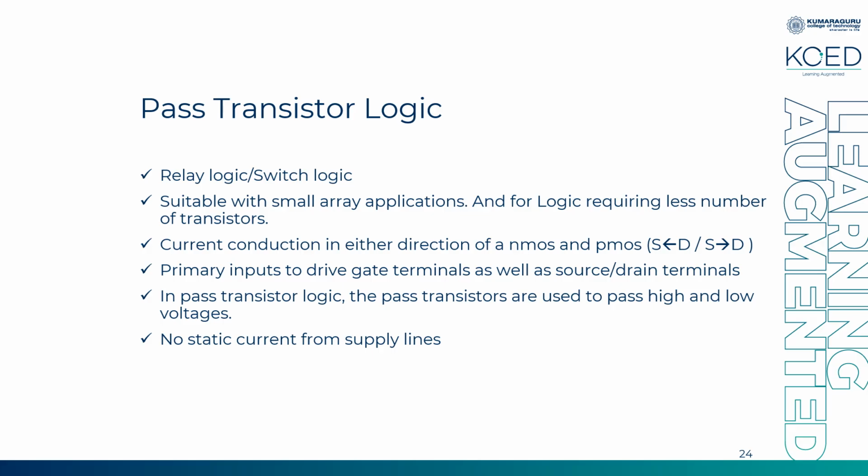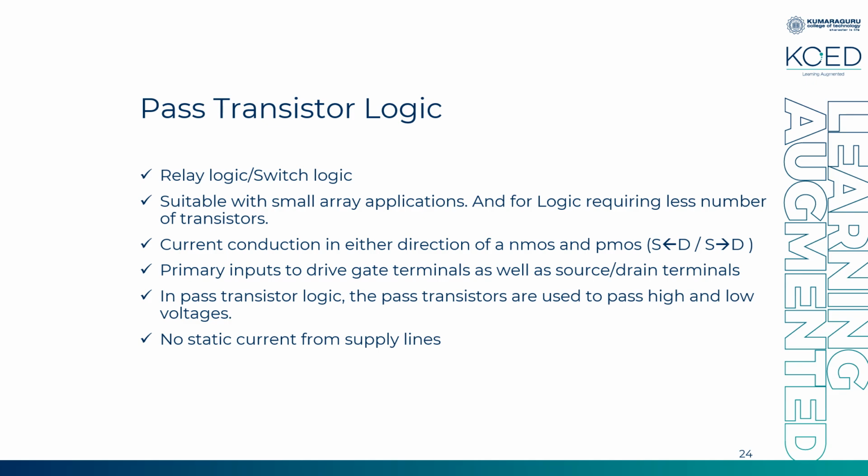Now we'll see some of the features or characteristics of pass transistor logic. This is a switch logic or relay logic, and it is suitable only for small array applications. So you have some drawbacks in pass transistor logic. It can be used only for smaller logic. You cannot design bigger circuits or bigger logic using this logic style. And as you have seen earlier, current conduction in both directions is possible.